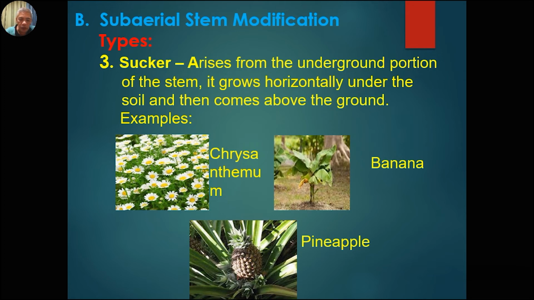The shoots growing at the base of the fruit of pineapple are what we call slips. And there are also shoots growing from the base of the plant of pineapple, and we call it sucker. So there's sucker in chrysanthemum, as other authorities are claiming, and we subscribe to that idea. Then we have banana and pineapple.